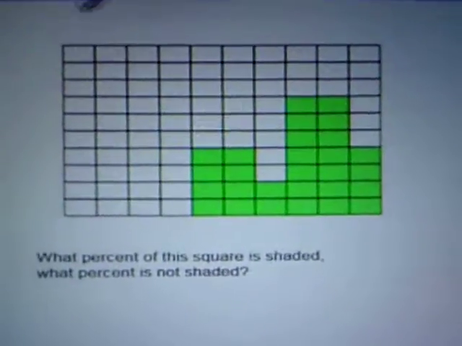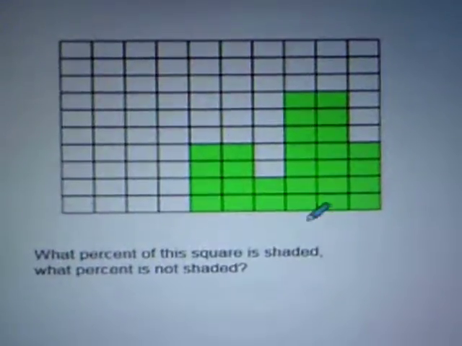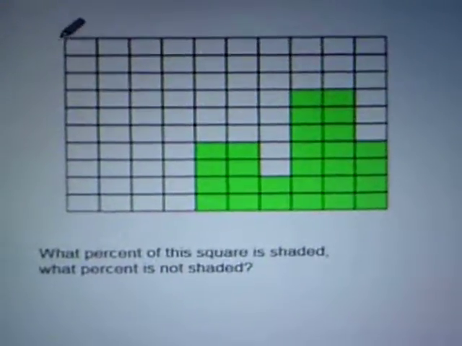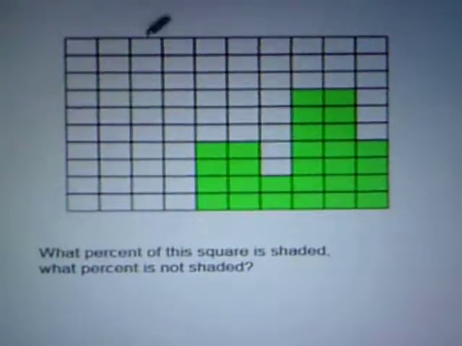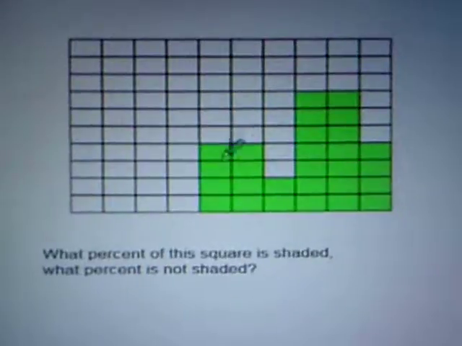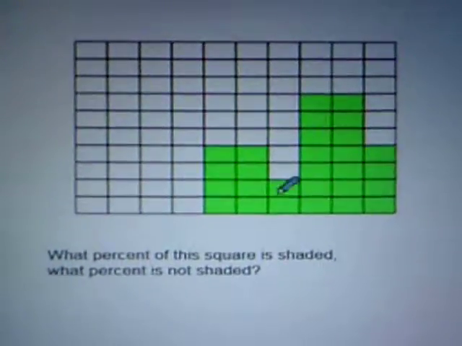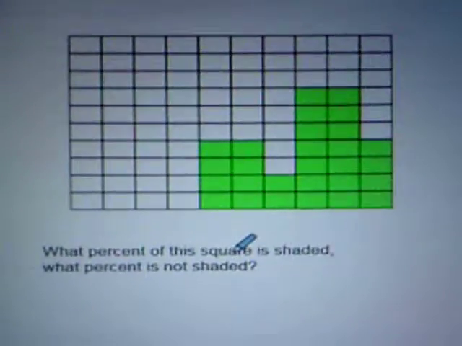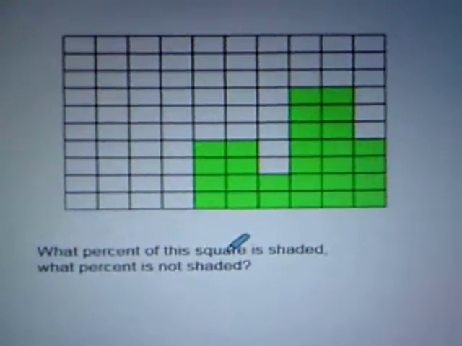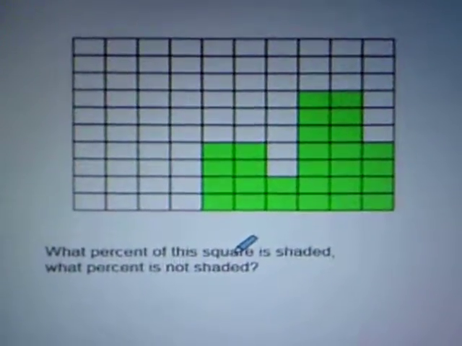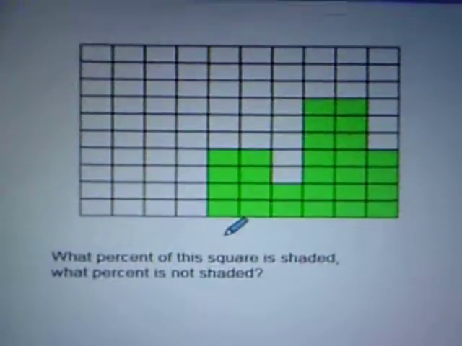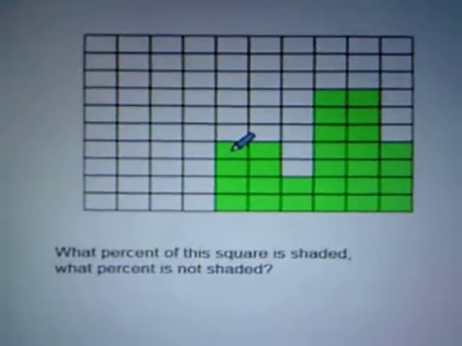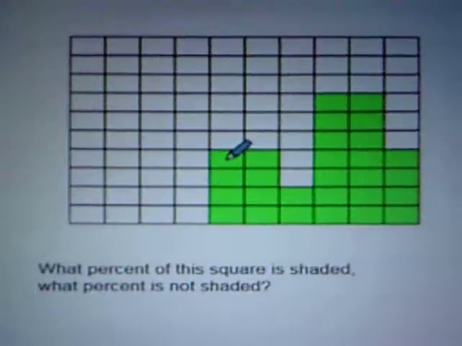But as you can see, the full square is not shaded in, only a part of it. Now, there's 100 total squares in this picture here, and only some of them are filled in. So we're looking at what part is shaded, what percent, and of course what percent or part of the 100 is not shaded.